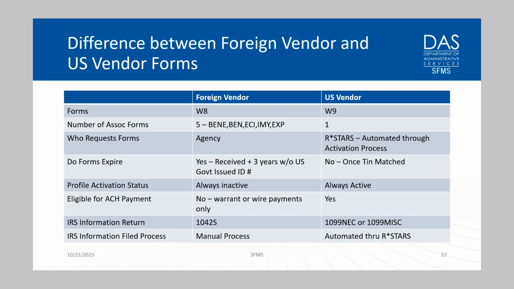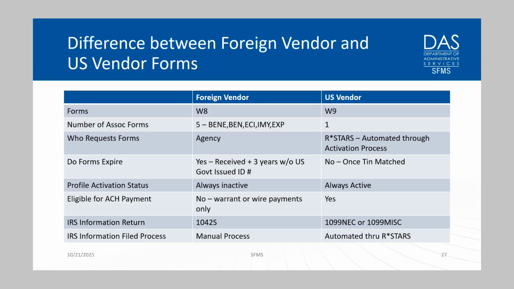IRS information returns. A U.S. vendor is going to get a 1099 NEC or MISC, and foreign vendors, as we just talked about, get a 1042-S. The IRS information filing process is completely automated for U.S. vendors.